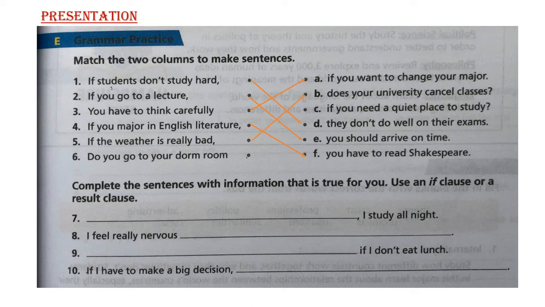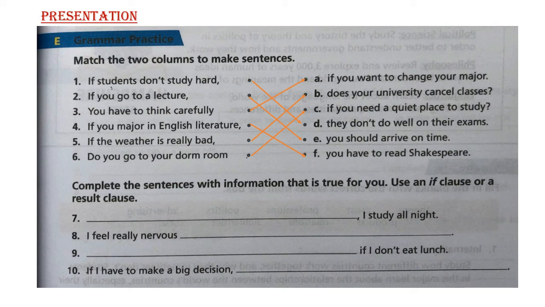Does your university cancel classes? If the weather is really bad, does your university cancel classes? Number 6, do you go to your dorm room if you need a quiet place to study? Okay, something like this.